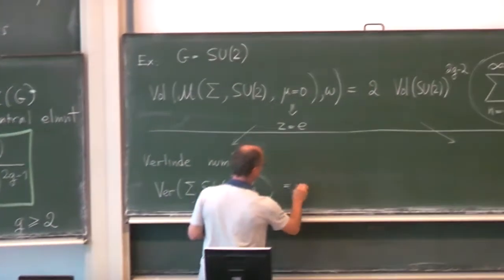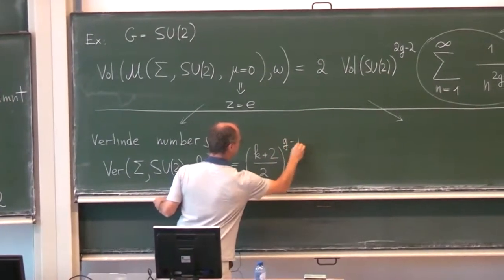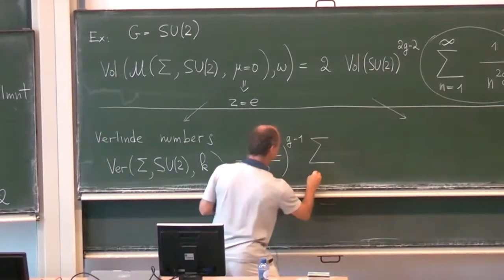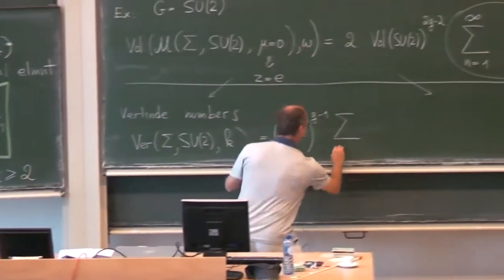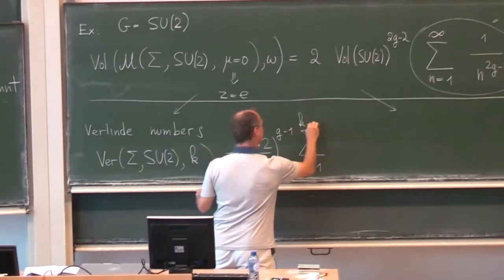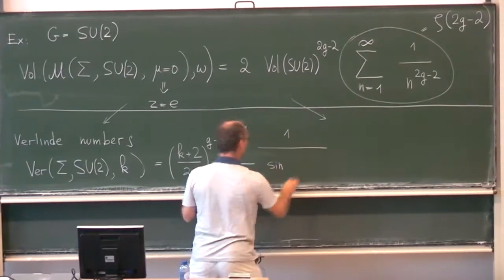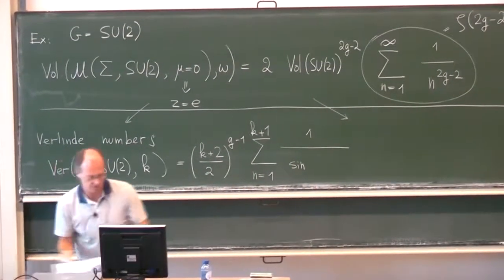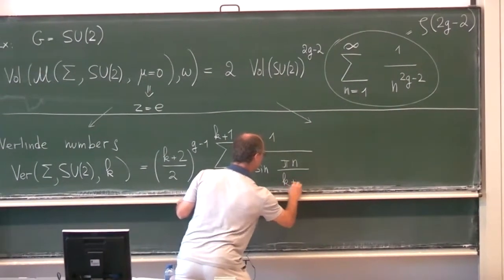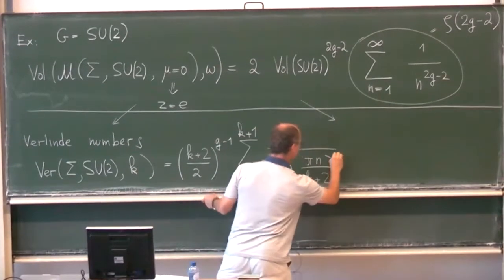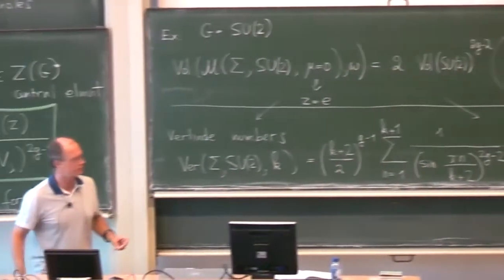It's given by (k plus 2) over 2 to the power g minus 1, and here again there will be a sum over n, but the sum will be finite, from 1 to k plus 1, and here there will be 1 over sine of pi n over k plus 2, and this sine function will be to the power 2g minus 2.